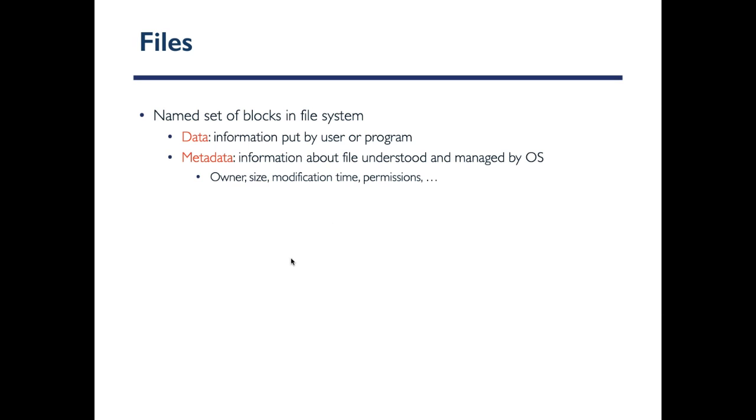We call that metadata. So basically, who's the owner of this file? What's the size of this file? When was it last modified? What are the permissions for the owner? What are the permissions for anybody else? And so on and so forth. That we call metadata.